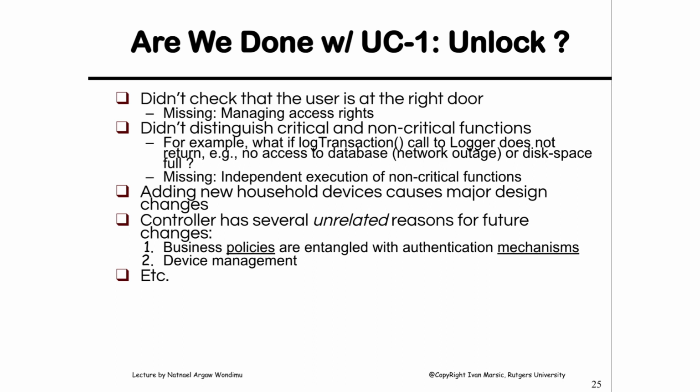So for that, we are not yet done with use case one and its corresponding sequence diagram. The other one, for instance, adding new household devices causes major design changes. We haven't considered that here. Controller has several unrelated reasons for future changes, for instance, regarding business policies and device management. So these all things should be considered while designing the dynamic aspect of the system to be.